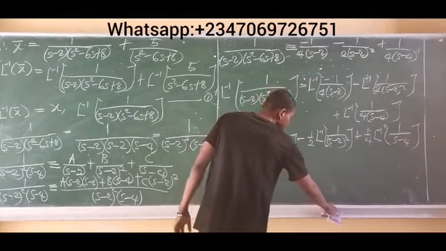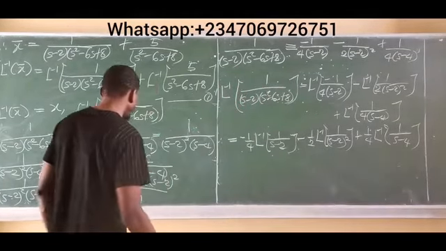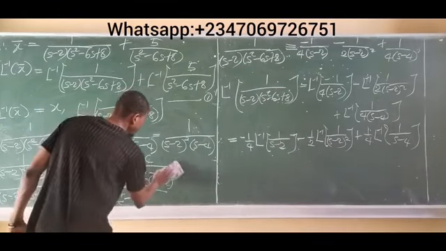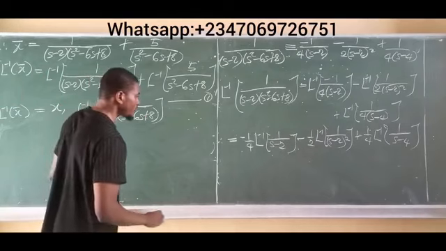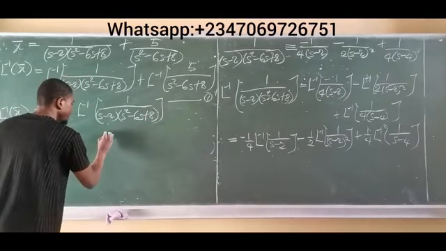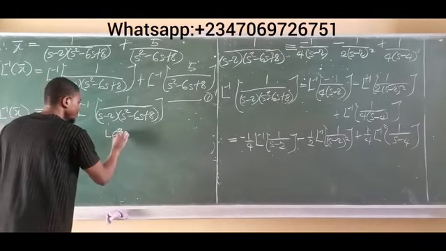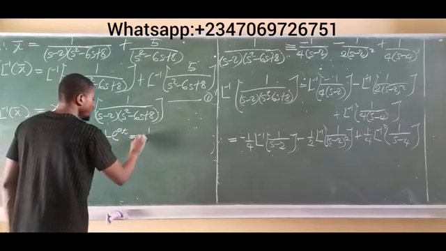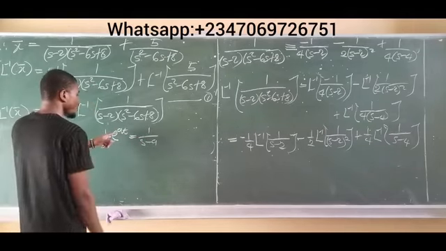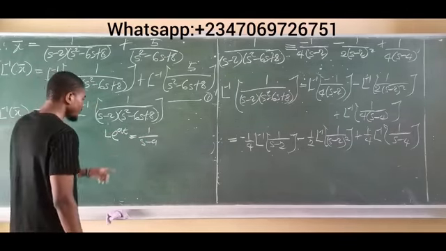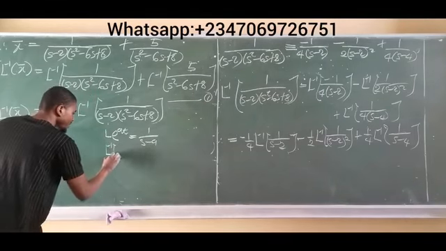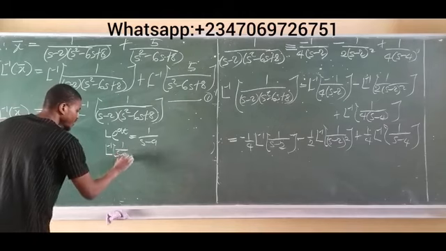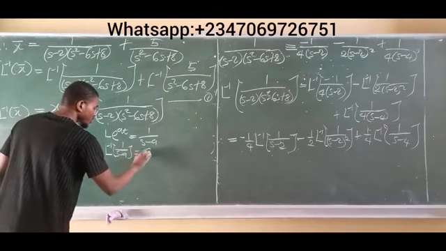So from the table of standard values, we've explained that the Laplace transformation of exponential at is equal to 1 all over (x minus a), where a is a constant. So this simply means that if I'm asked to find a Laplace inverse of 1 over (x minus a), automatically this becomes what?